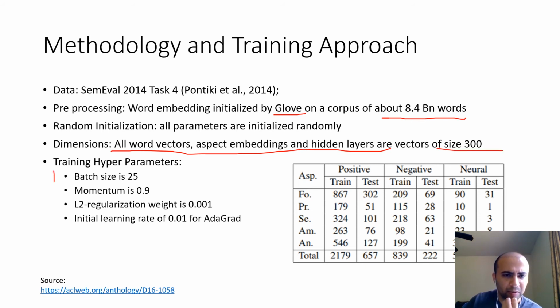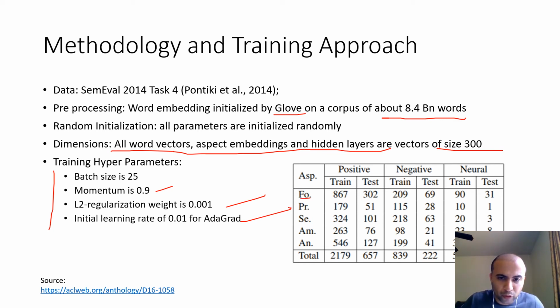Here are some of the hyperparameters that the authors followed. Batch size is 25, momentum 0.9, L2 regularization, and 0.01 for AdaGrad. Here are the aspects that the authors followed.